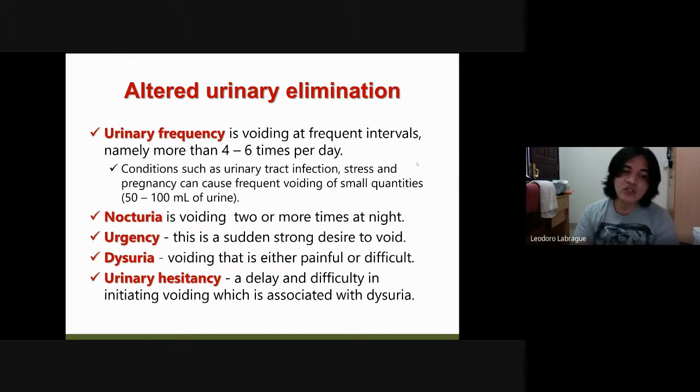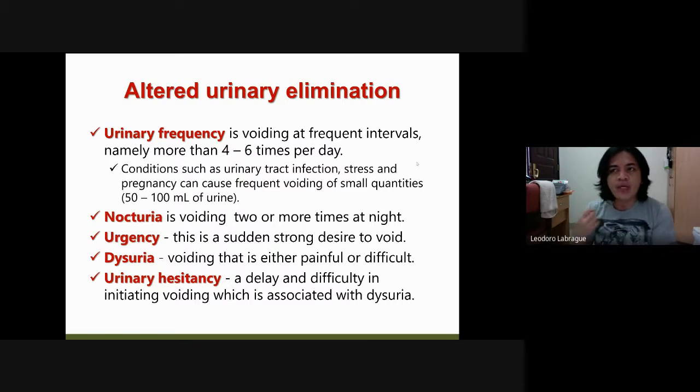Another condition is called urinary hesitancy. What is urinary hesitancy? A delay and difficulty in initiating voiding, which is associated with dysuria. In this condition, the patient wants to urinate. There is a desire to urinate.